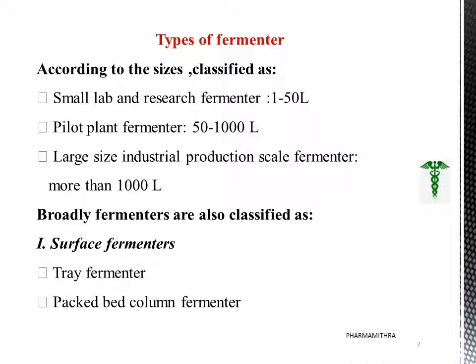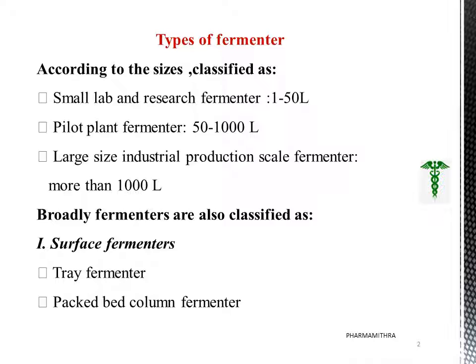Let's move into the types of fermenter. According to size, fermenters can be classified into small lab and research fermenters of 1 to 50 liters, pilot plant fermenters of 50 to 1000 liters, and large industrial production scale fermenters of more than 1000 liters. Broadly, fermenters are also classified as surface fermenters and submerged fermenters.